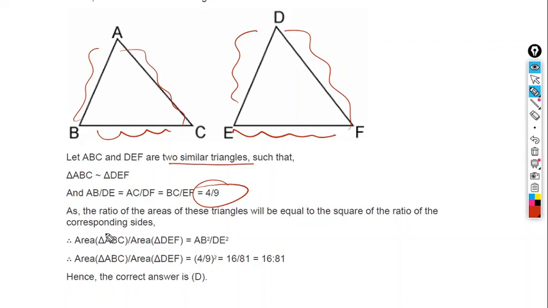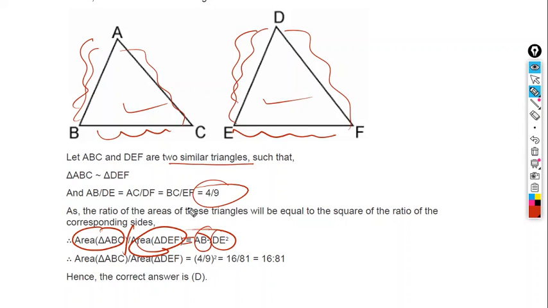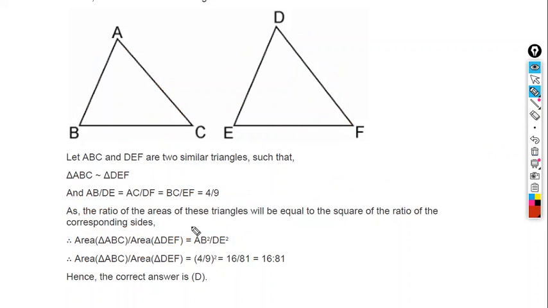Now, as these two triangles are similar, area of triangle ABC divided by area of triangle DEF will be equal to the square of the ratio of their corresponding sides. So AB square divided by DE square. But AB by DE was 4 by 9, so we can replace it with 4 by 9 whole square.